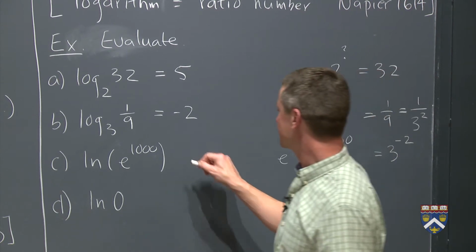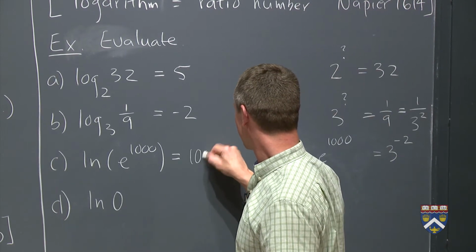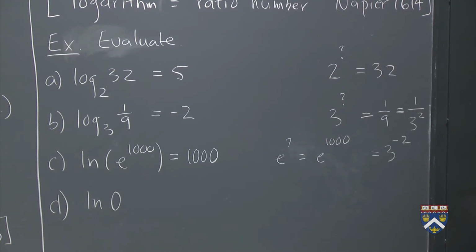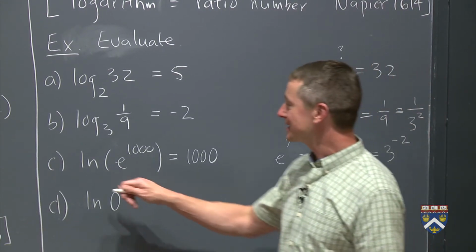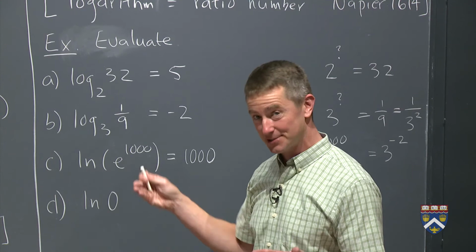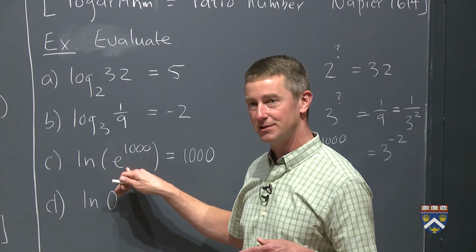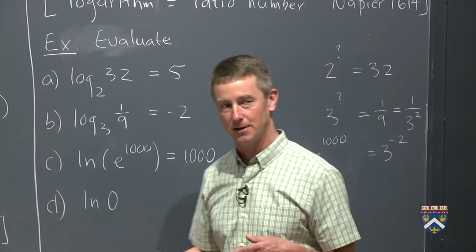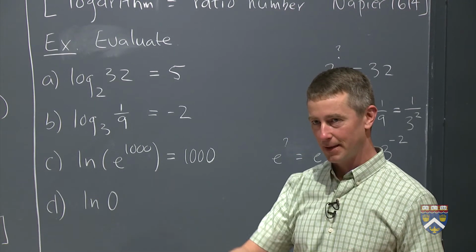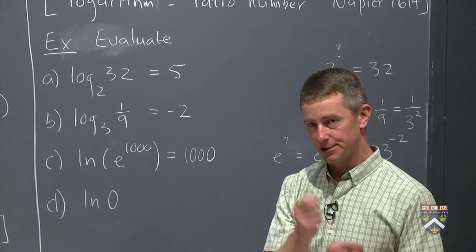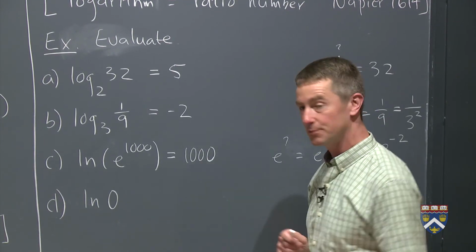Well, it's 1,000. It's no surprise that in this case the ln and the e cancel each other out, because the inverse of the exponential function is the log function. So like we talked about last week, if you put something into one of the functions and then put that output into the other, they undo each other just like they're supposed to, and you get right back to where you started.